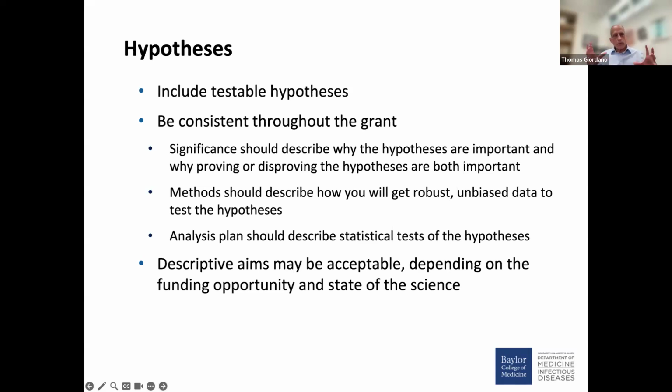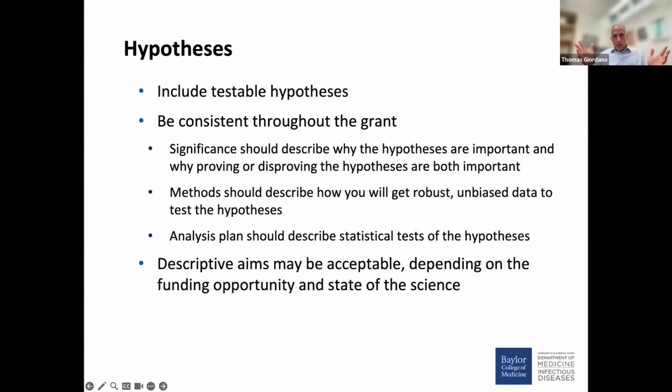And you've got to be able to craft your hypotheses in a way that that's true. You've got to learn from the failures as well as the successes. The methods then should describe how you'll get robust, unbiased data to test the hypotheses. And your analysis plan has to follow that through. What's the statistical testing that's going to happen to either support or disprove the hypotheses?